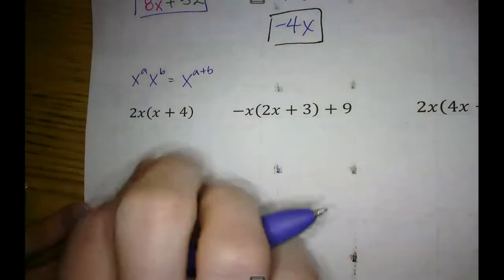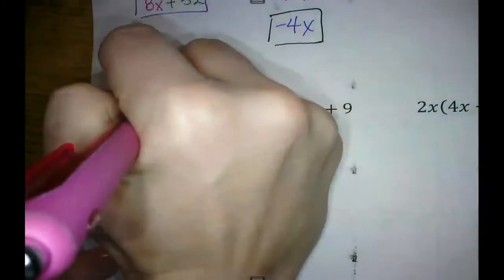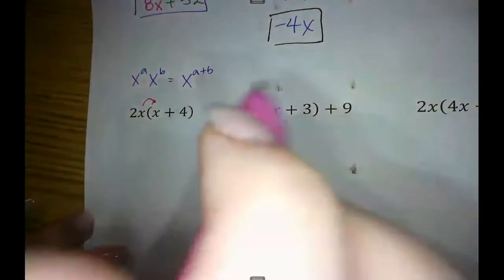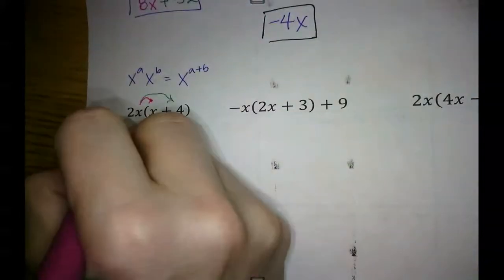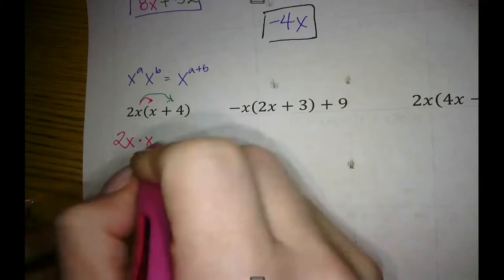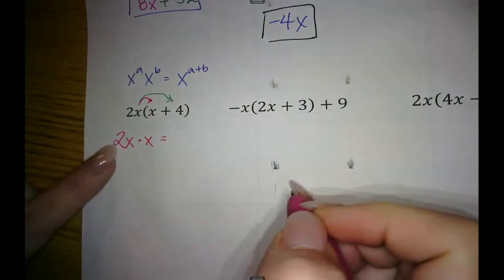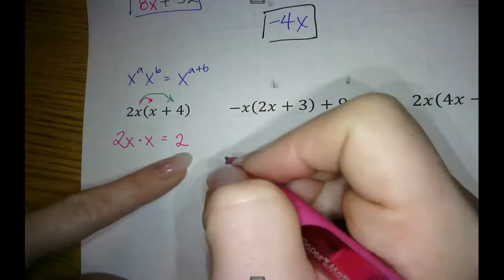I'm going to break it down here because I still need to multiply this times this and this times this. So I'm saying 2x times x. The 2 stays the same, since I don't have anything to multiply that number by.